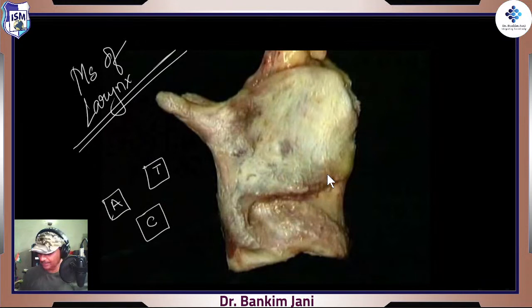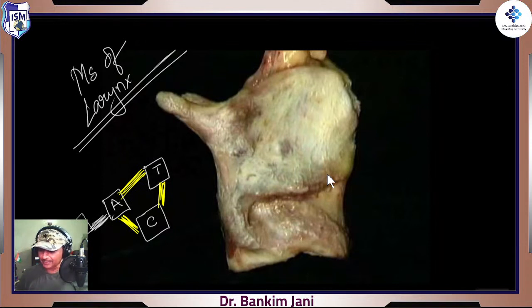Okay? Thyroid and cricoid are connected. Cricoid and arytenoid are connected. Thyroid and arytenoid are connected. So there'll be muscles like this. Then this is the arytenoid on one side, and this is the arytenoid on the other side, so there'll be a muscle between both of them.